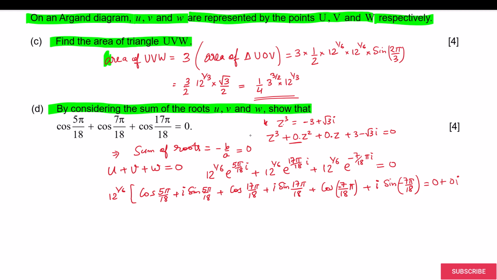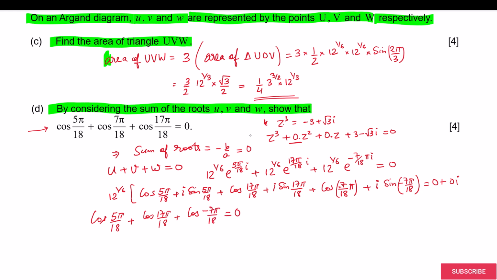Because we need the cosine terms, if we compare the real parts, the real part has to be 0, meaning cosine 5 pi over 18 plus cosine 17 pi over 18 plus cosine -7 pi over 18 equals 0.